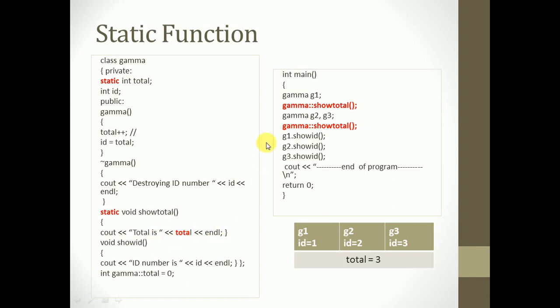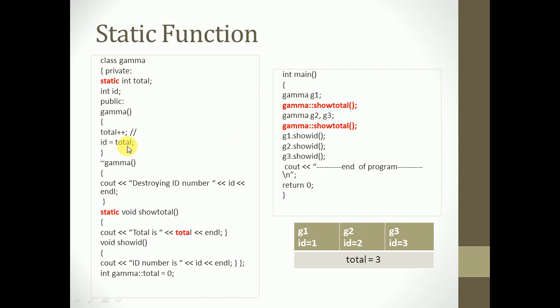Now coming to the next one, Gamma is the class name and G2 is the object. Once the object is created, the constructor is called automatically. Total plus plus: what is the value of total now? Earlier it was 1, now it becomes 2. This is called for G2, so id will be equal to total.